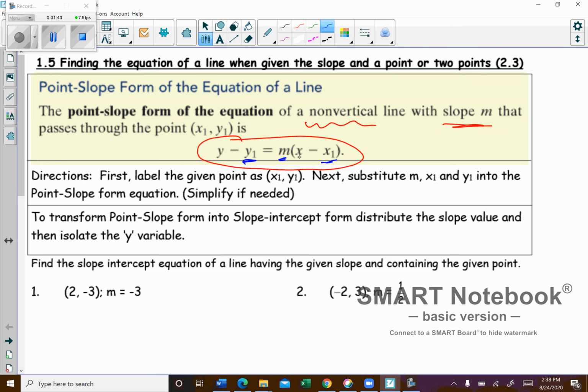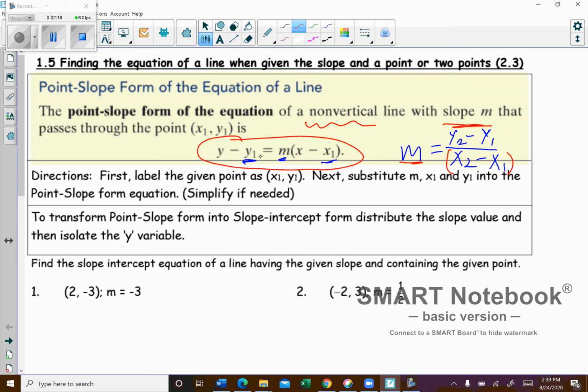Don't mess with that. And you might be thinking, where does this formula come from? Actually, it's just the slope formula manipulated. If you remember, the slope formula was y2 minus y1 over x2 minus x1. If you were to multiply both sides by that denominator, you'd have m times (x2 minus x1) equal to y2 minus y1.